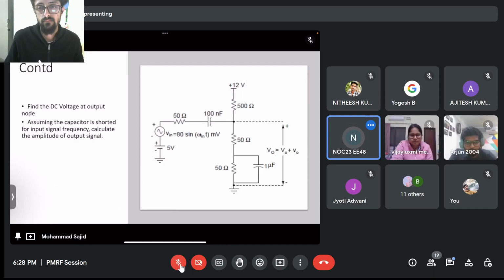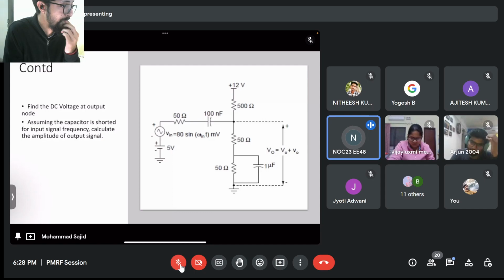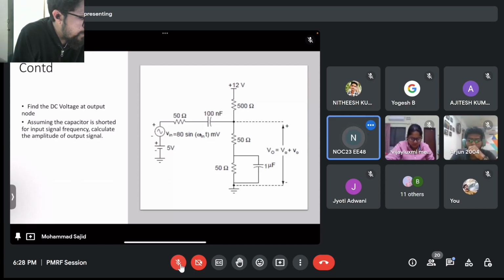Pooja Velavi. On my screen, I can see your name. So, okay. I think Jitesh was there yesterday. Advani, I think Jyoti Advani, I'm not sure whether she was there yesterday.